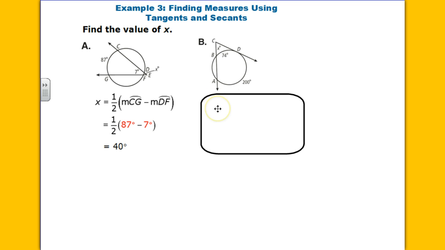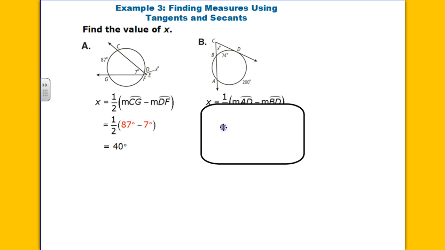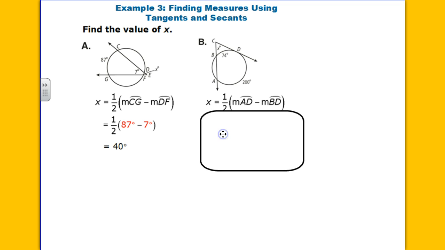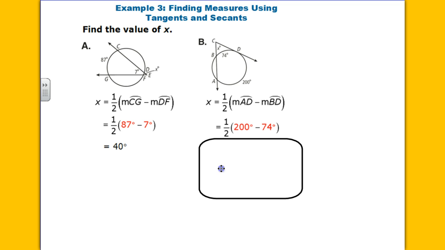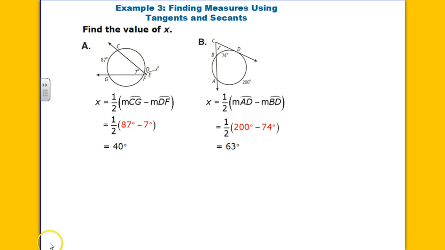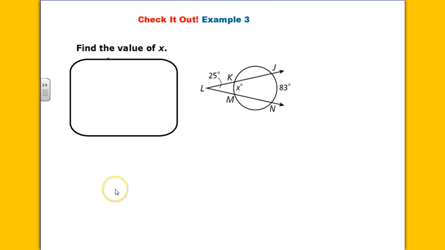Try this and come on back. And you should have half of arc AD minus arc BD, and that would be half of 200 minus 74, which is 63 degrees.